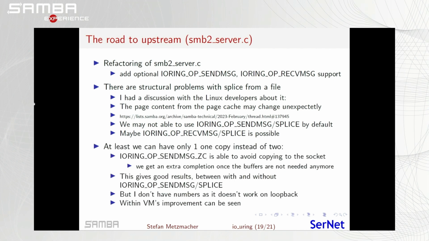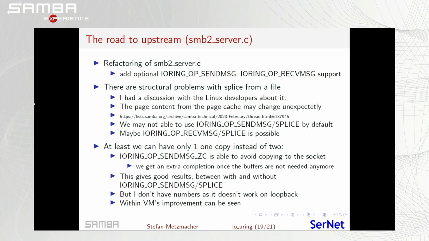So with the new sendmsg zero copy operation in io_uring, we can get away with just one copy instead of two, which means that we could at least have some better performance than the current state. And yeah, basically we can avoid the memcpy in the network layer there.